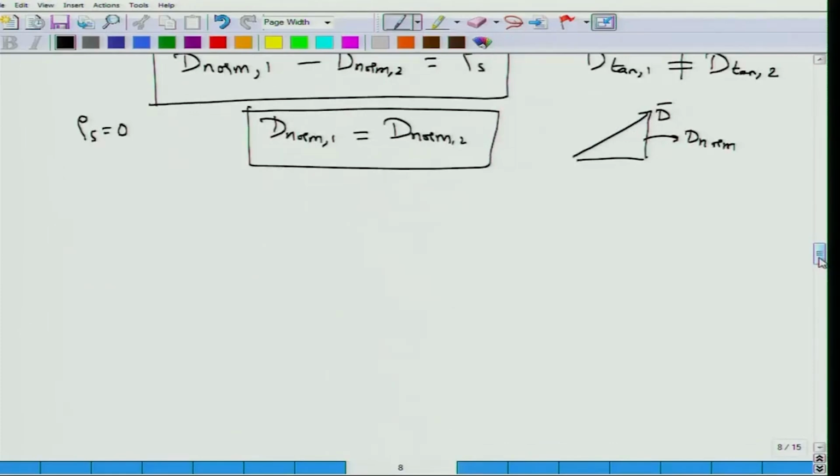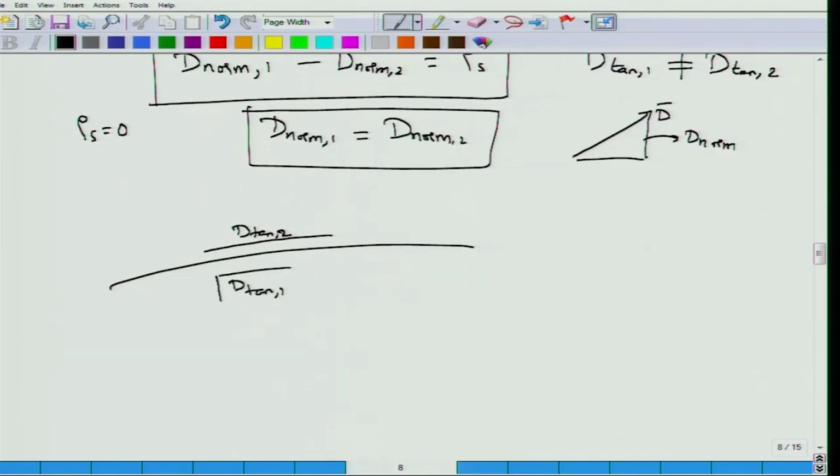This is very crucial. Across a boundary, the tangential components would be different. So let us say this is the tangential component D tan 2, and this is the tangential component D tan 1, whereas their normal components would be equal. So the actual vector would be obtained by this one, right.